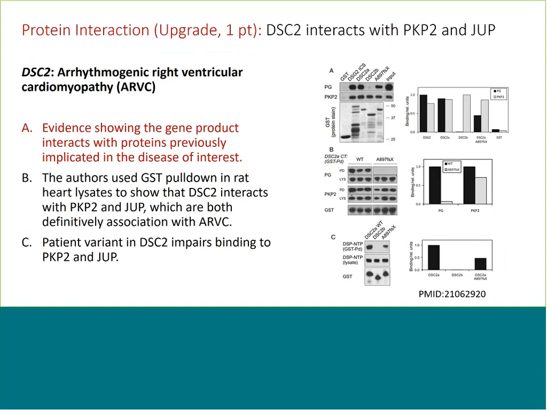They also showed that a patient variant in DSC2 impairs binding to PKP2 and JUP, which was used towards variant level evidence. But for the interaction with those two proteins, I upgraded this from default to 1 point, since it interacts with multiple proteins that have a definitive association in the same disease.